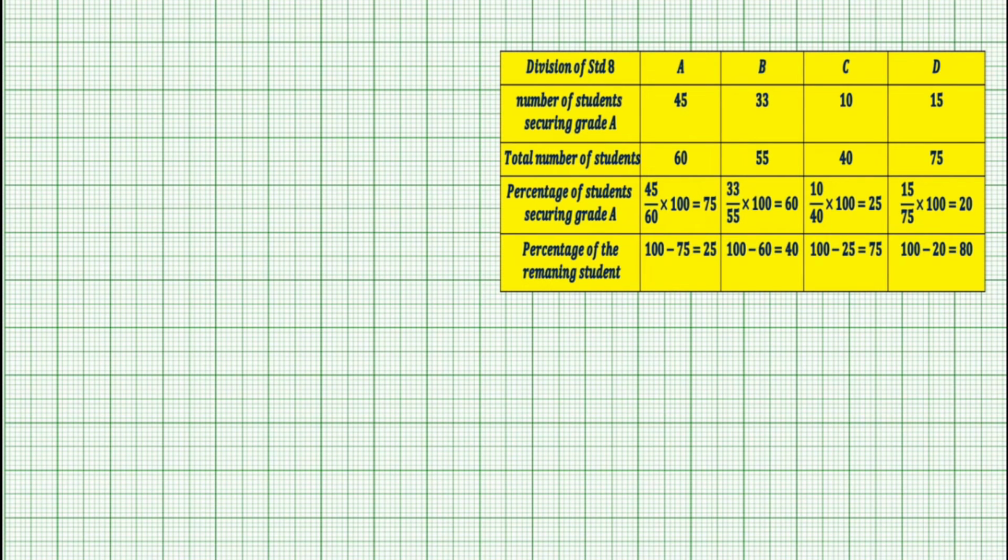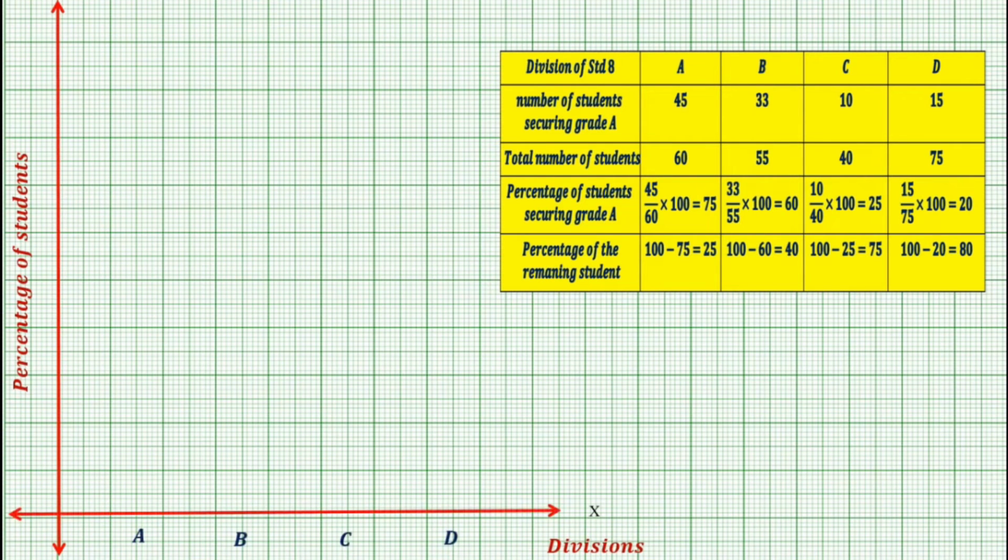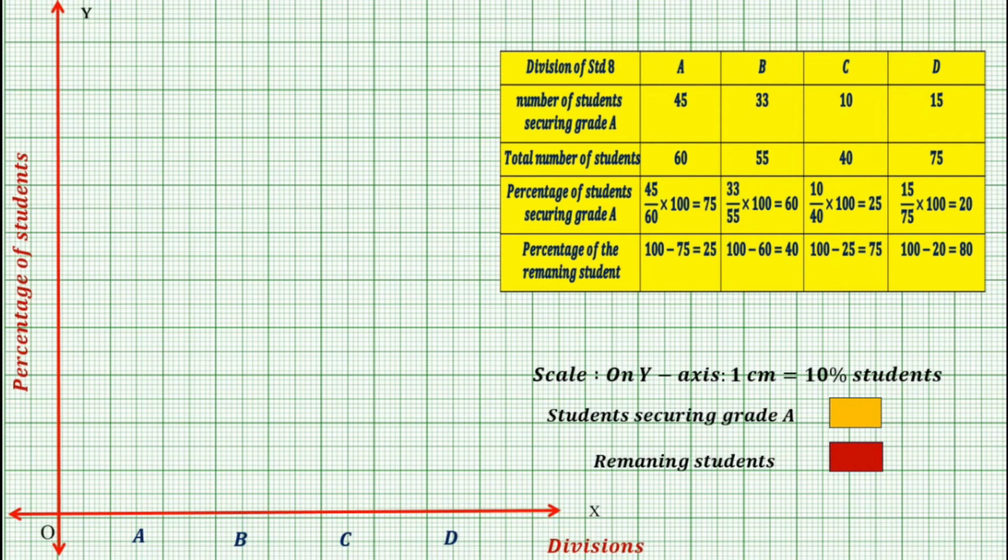Here we are supposed to mark out first the x and y axes. On the x axis we are marking the A, B, C and D divisions, and on the y axis we are marking the percentage.